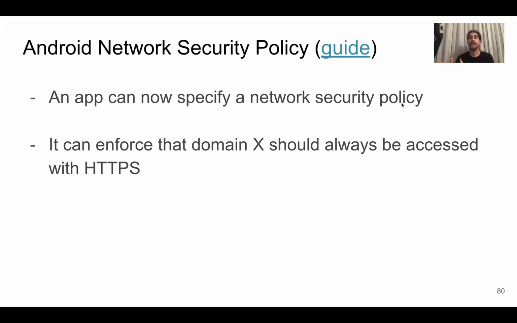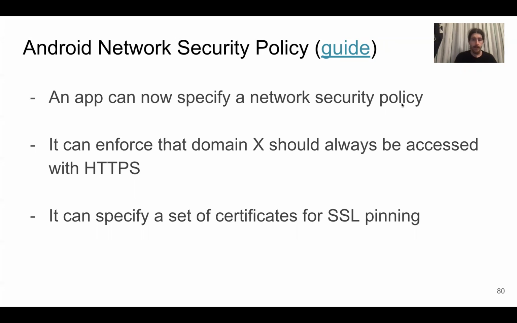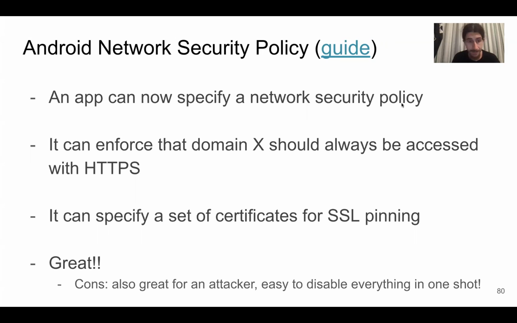So you would deny clear text policy for these domain names. And maybe there are some legacy domain names that should still be accessed with HTTP. Then you could allow clear text for only these ones. And you can also specify sets of certificates for SSL pinning, and you can specify which certificates to trust and so forth, which is great.